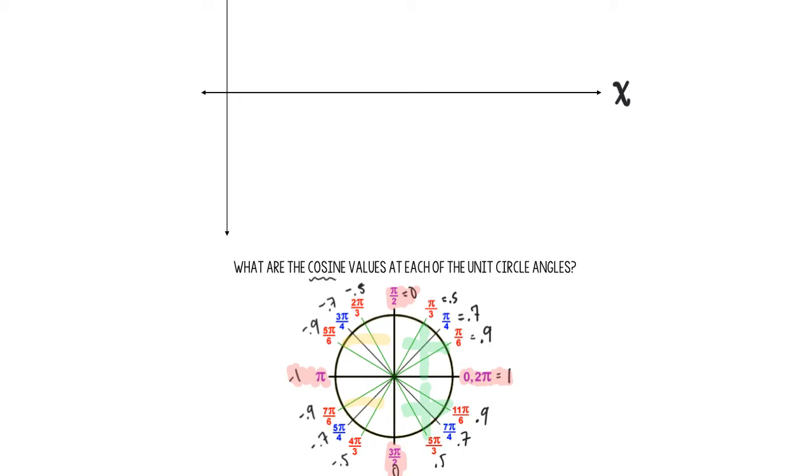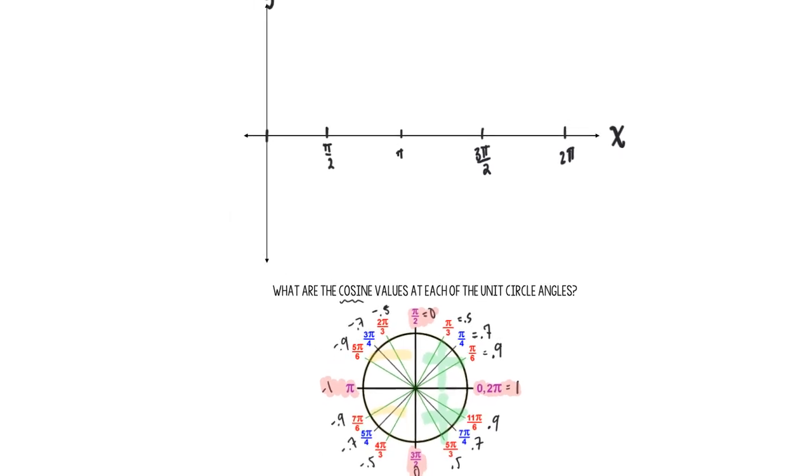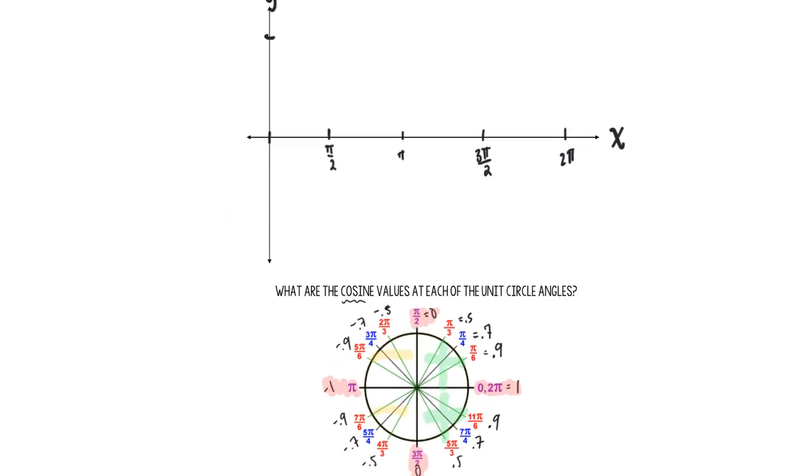We notice that we have 0, pi over 2, pi, 3 pi over 2, and 2 pi are our main x values. And then the highest y value that the cosine receives is 1. Lowest you should see is -1. Everything else is stuck between there. So let's go ahead and plot each of those points.